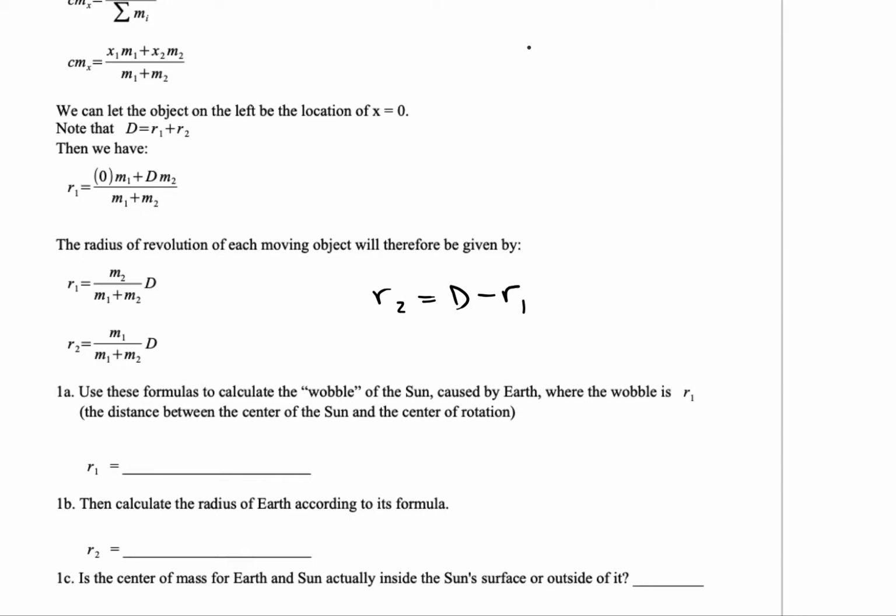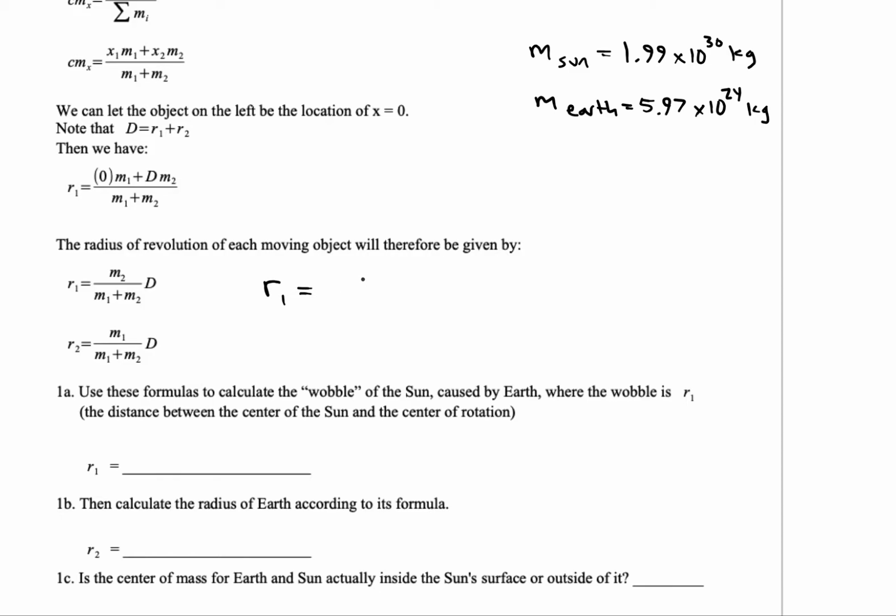Let's do it over here. So the mass of the sun is 1.99 times 10 to the 30 kilograms, and then the mass of the Earth, 5.97 times 10 to the 24 kilograms.